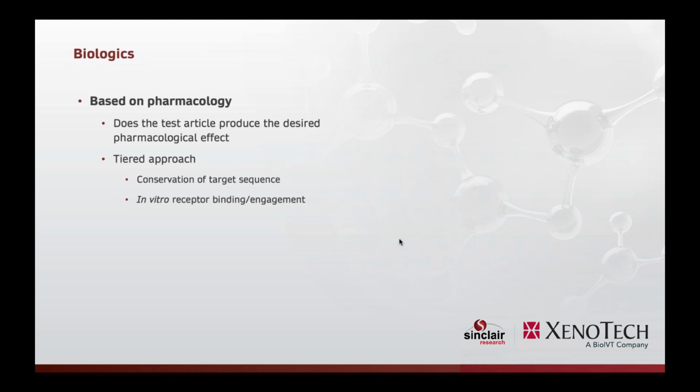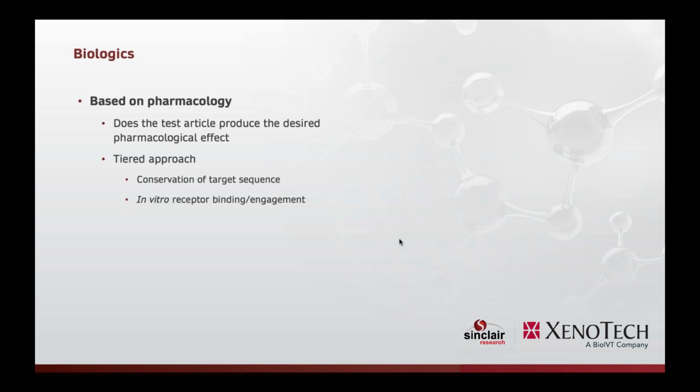They're designed that way. So the first thing you need to look at is what is the conservation of the sequence? Is it highly conserved down to mouse? Or is it 90% at primate, and then at the rodent level, maybe it's 30 or 20%.